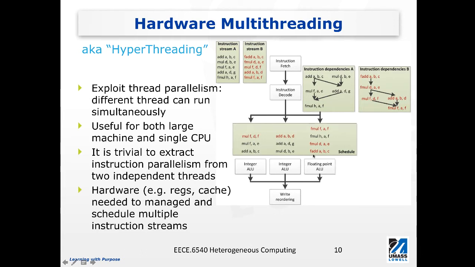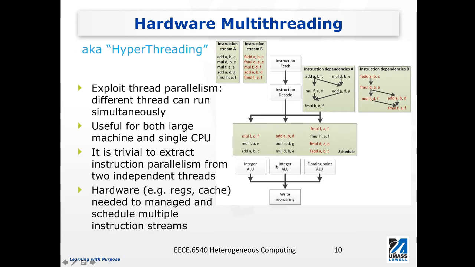The first instruction from instruction stream B is a floating point instruction, and because it is independent from any of the instructions in stream A, it can be executed on the floating point ALU at the same time as those two instructions are executed on integer ALUs.